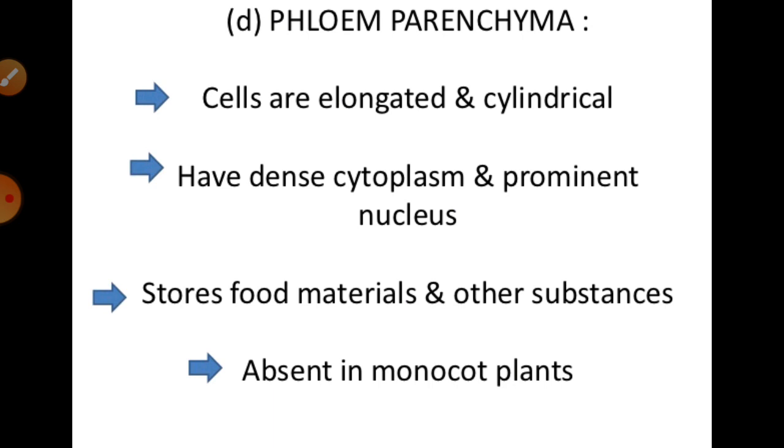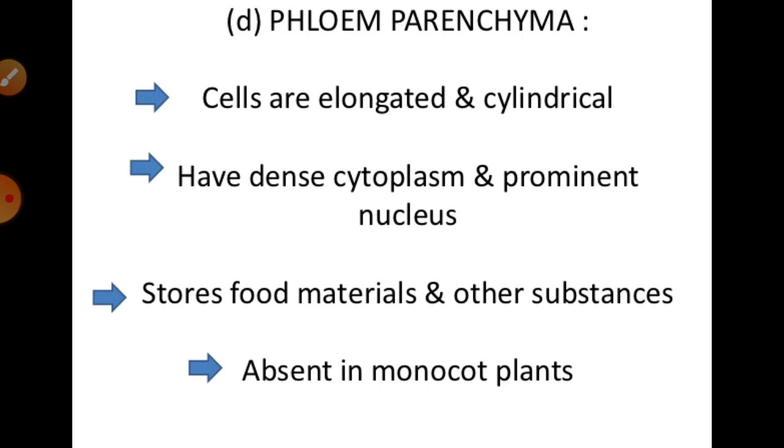In the same way, the phloem parenchyma tissue is helpful for the storage of food material and other substances like resin, latex and mucilage. There are different substances in the plant which can be stored in different ways.